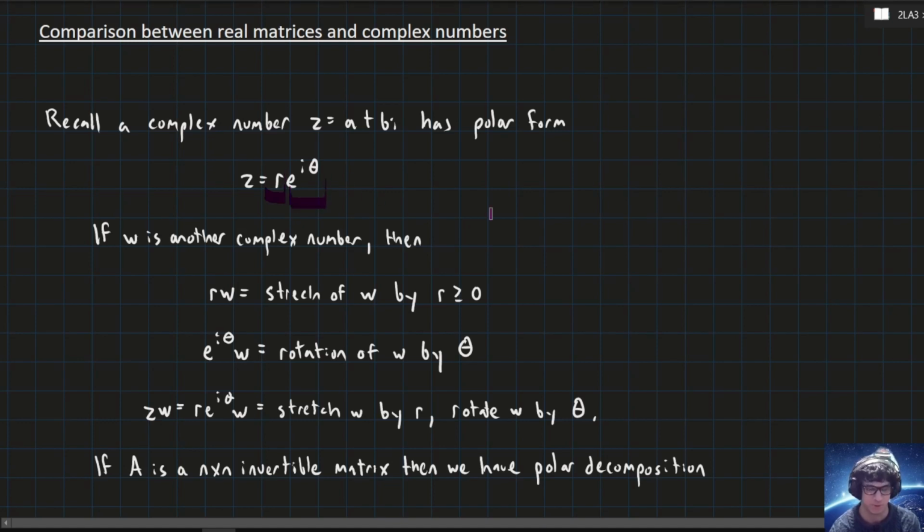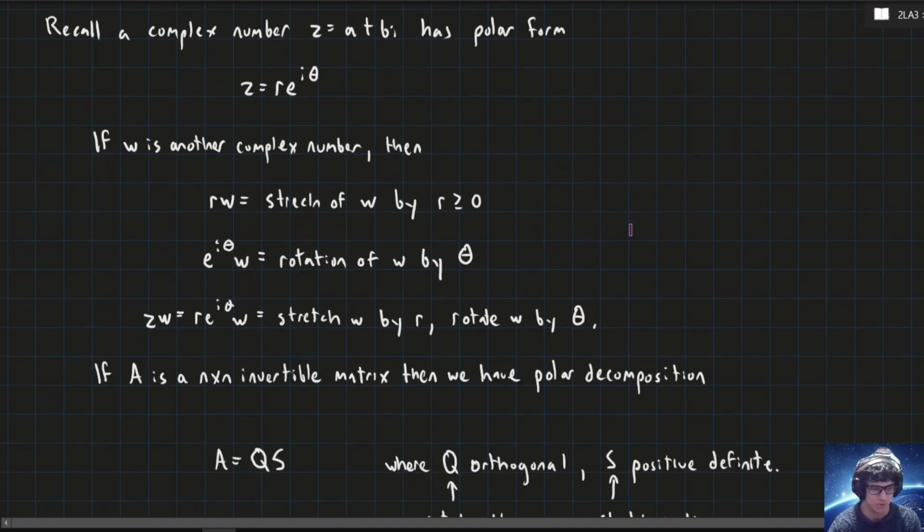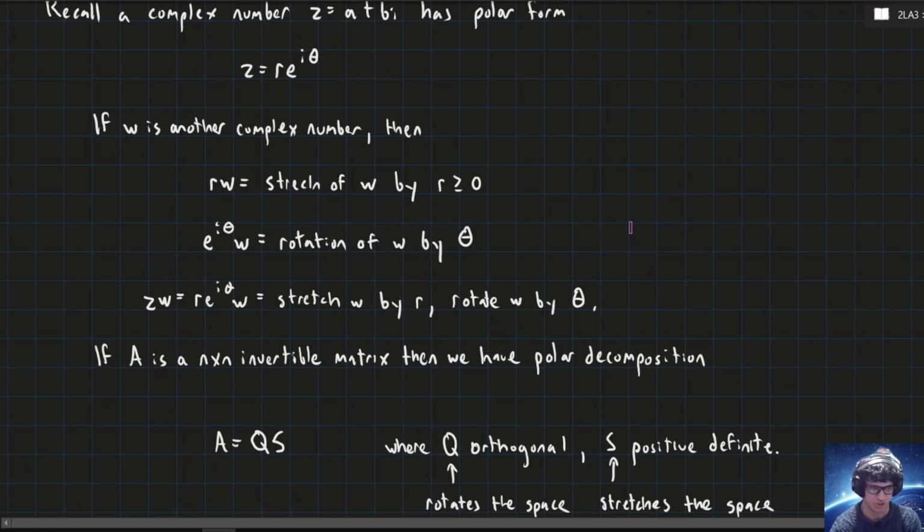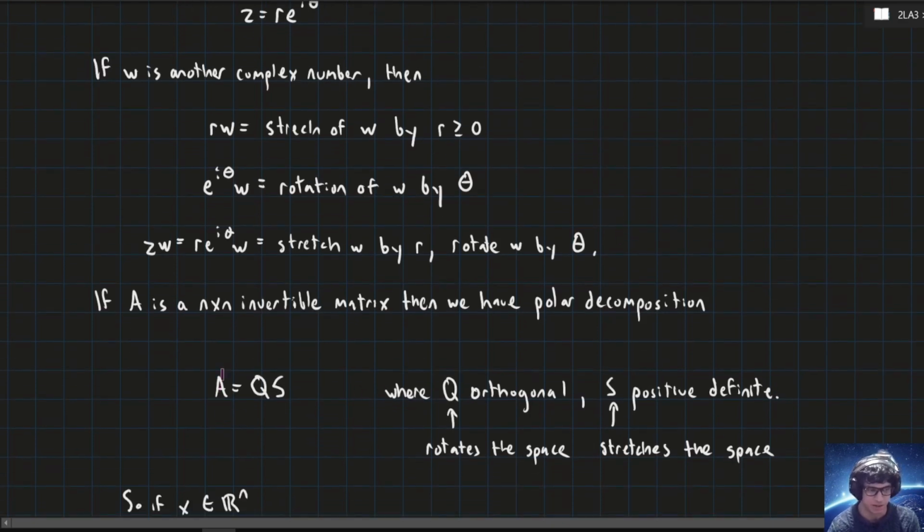So it's very similar to what we just did, right? That's the analogy here. If A equals Q times S, where Q is orthogonal and S is positive definite, then a positive definite matrix can be seen to stretch the space, and the orthogonal matrix rotates the space.